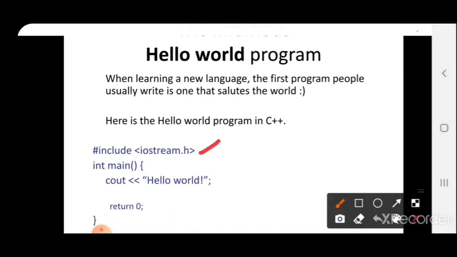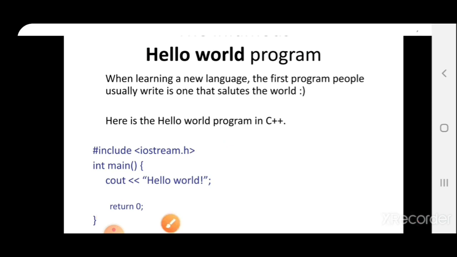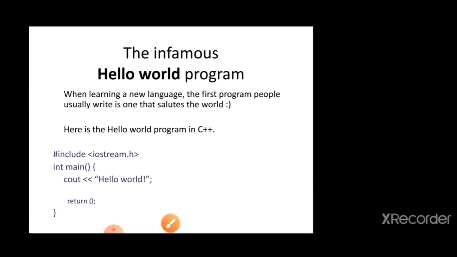This is the header file, the main function, and the cout display statement displaying this text, and the end of the program. Return 0 denotes the end of the program, then the closing brace. Let me show the next slide.